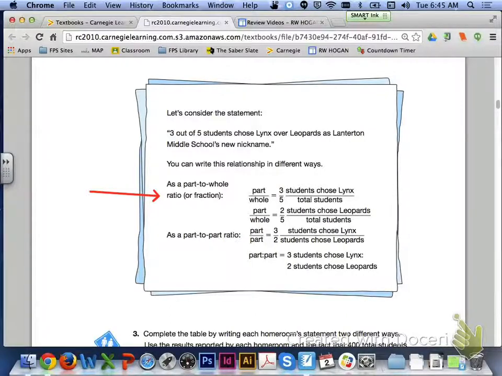We have 2 students that chose leopards to 5 total students. So those are examples of part-to-whole relationships. If we look at the part-to-part ratios, we have 3 students who chose lynx to 2 students that chose leopards. And just one other thing that I want to point out as well is that, remember, in addition to fraction form, we can also write ratios using colons.